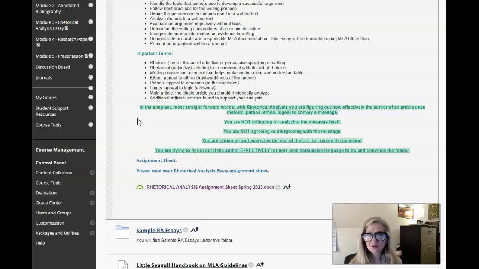You aren't agreeing or disagreeing with the message. All you're doing is critiquing and analyzing how the author uses those rhetorical devices to convey the message. In other words, how to persuade. You're trying to figure out if the author effectively or not uses persuasive language to try and convince the reader, who happen to be other scholars within that field, of their thesis statement. That's what you're doing with this essay.